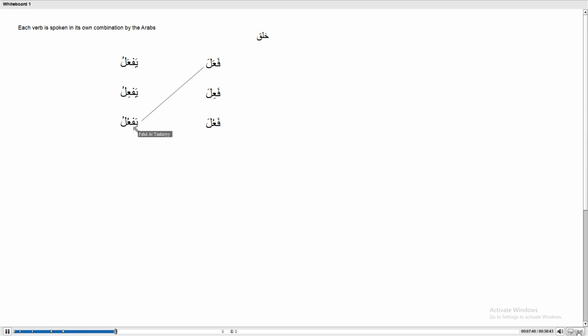And then there are verbs which follow this combination, fa'ala with yaf'ilu. Another combination. Like raja'a yarji'u.